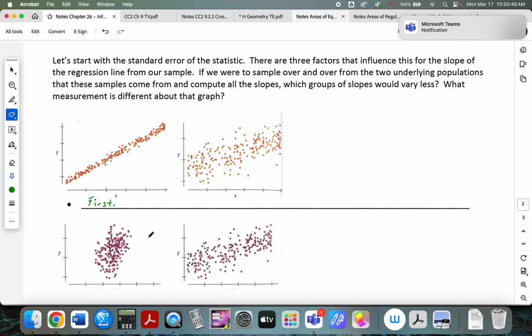What measurement is different about those? So the first has smaller residuals than the second.